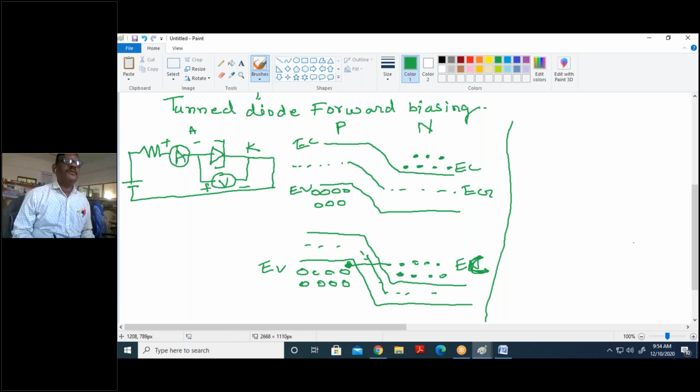Now, here number of holes after applied voltage.